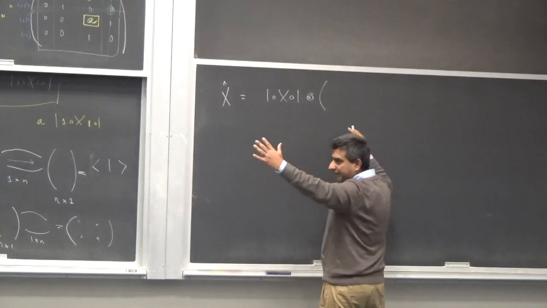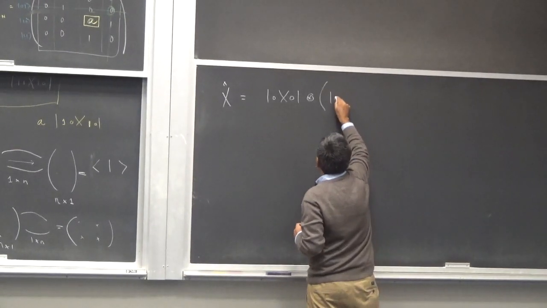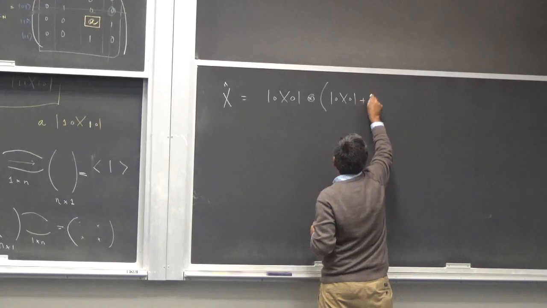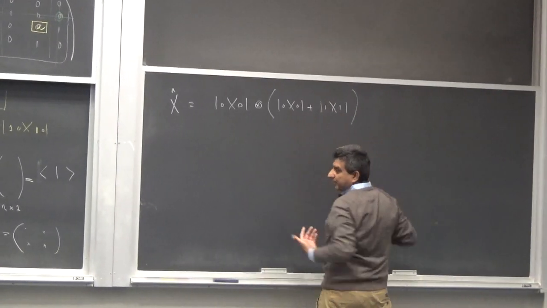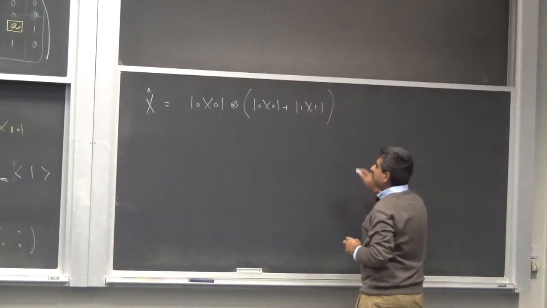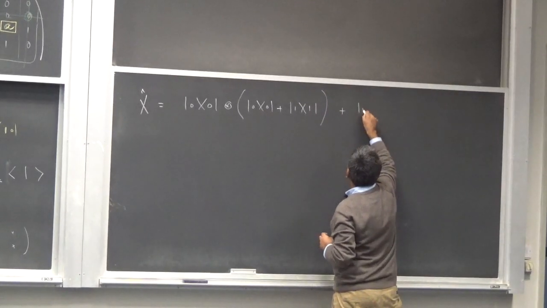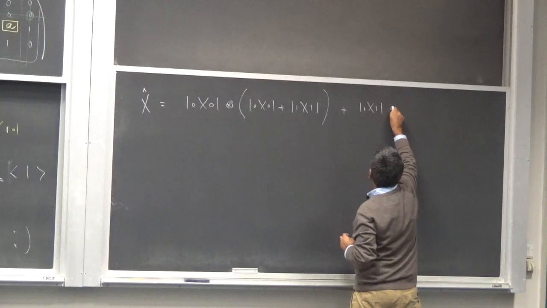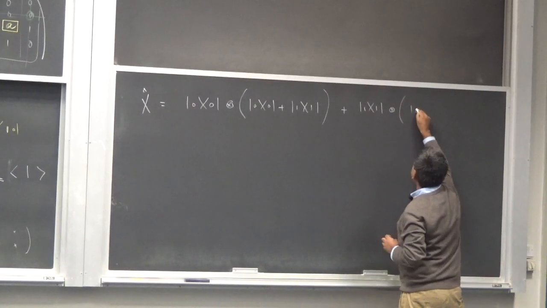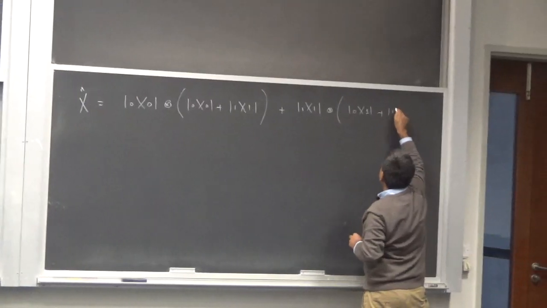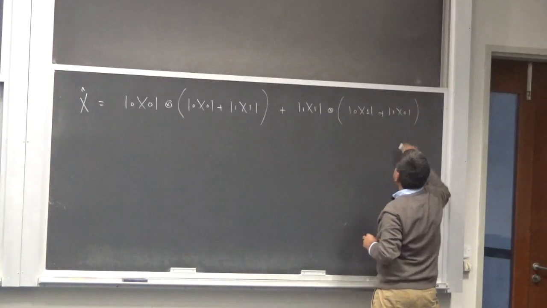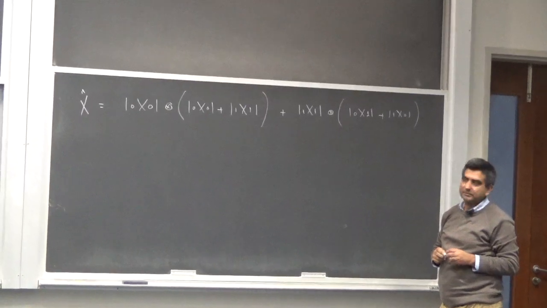I write down this as a decomposition of outer products. Identity, you've already told me, is this combination of outer products plus ket 1 bra 1 outer product with sigma x. Sigma x is this polymatrix, ket 0 bra 1 plus ket 1 bra 0. Correct?